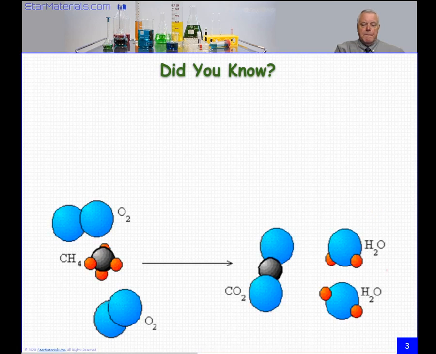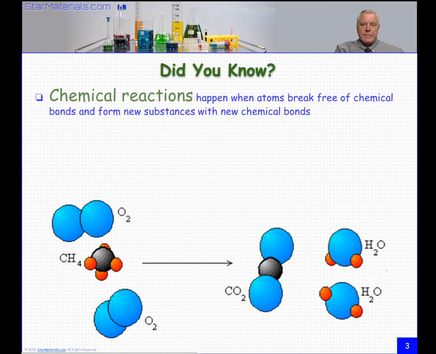Did you know chemical reactions happen when atoms break free of chemical bonds and form new substances with new chemical bonds? We have oxygen here. They like to hang out together. We have methane here: carbon, hydrogen, hydrogen, hydrogen, hydrogen.